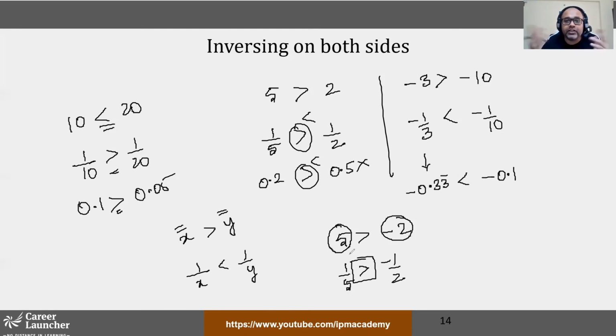The sign will change if both sides are positive or both are negative. However, if both sides are opposite in sign, one positive and one negative, then the inequality symbol will not change, because the positive will always be greater than the negative, whether you take the inverse or not. When you take the inverse, negative will still remain negative. That's the idea.